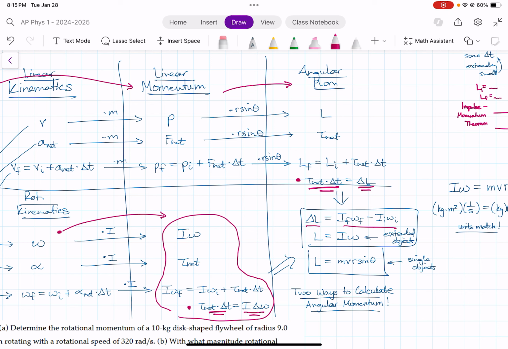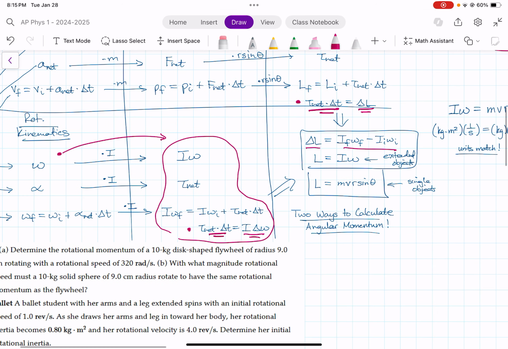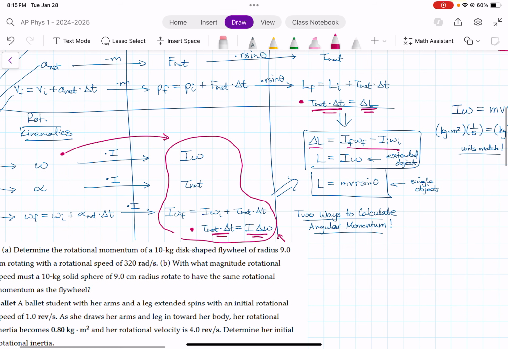And here I've written it a little differently because this assumes that I is constant, which we're going to see some problems later on where I changes.